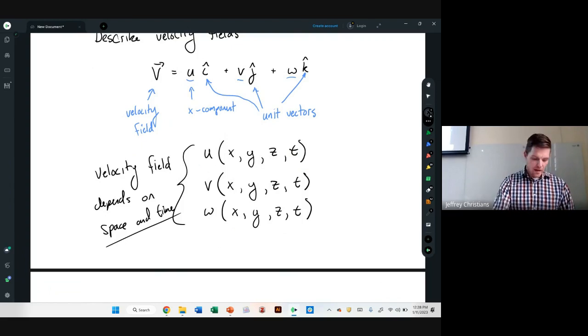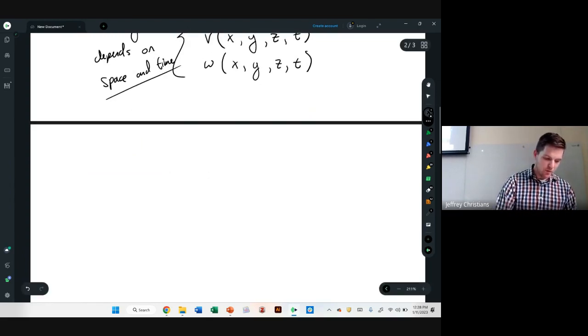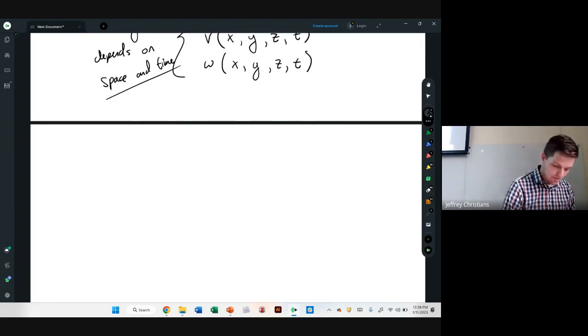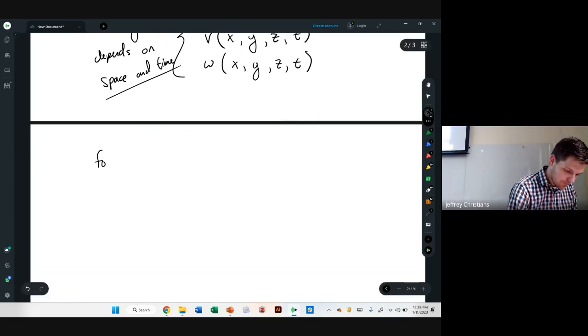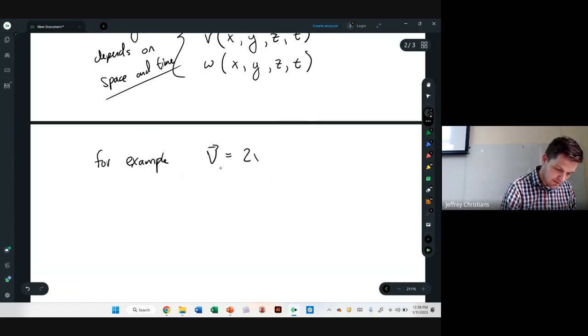Okay, so we can look at different examples. We could look at a velocity field which is 2x squared y i hat plus 3t k hat.